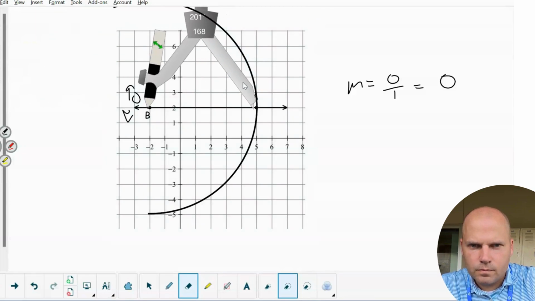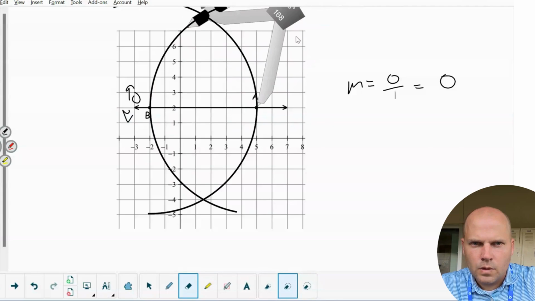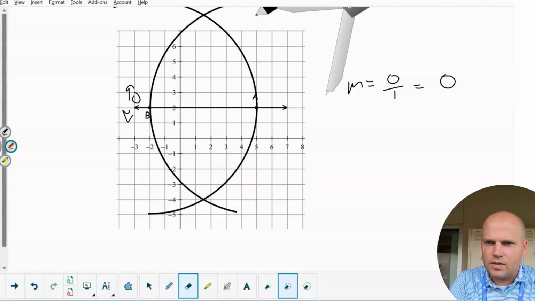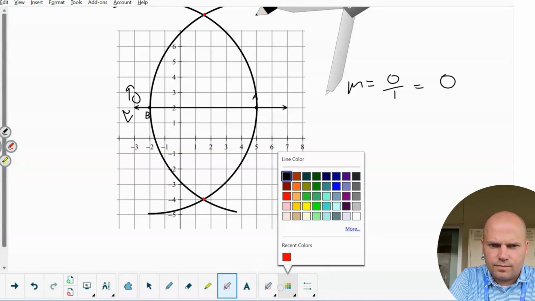And this is the point. This is the point. This is the line.